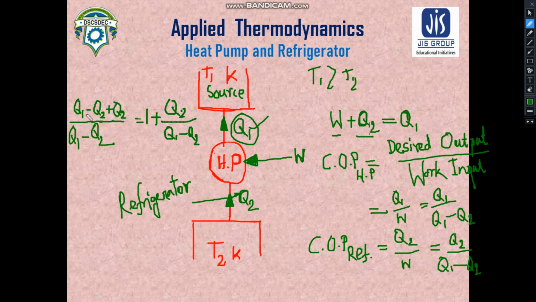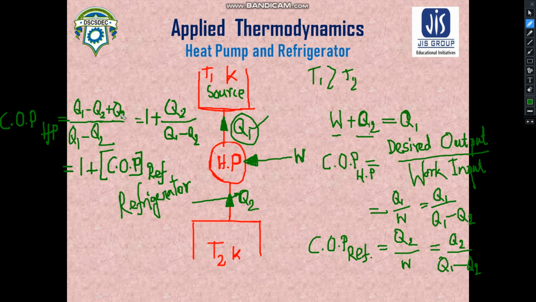So which term was it? It was Q1 divided by Q1 minus Q2, that was the COP for heat pump, right? We change this term into 1 plus the COP of refrigerator. So this is a very important formula. I think you have understood it. This is a very simple mathematical operation.